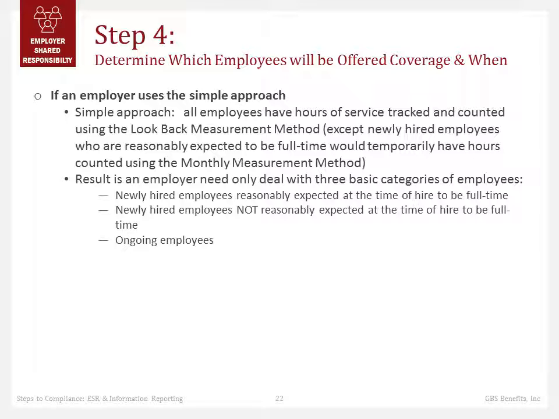So assuming this is your setup, this is your foundational measurement method policy, the result is that you as an employer will need to only deal with 3 basic categories of employees at any given time. You've got your newly hired employees, reasonably expected at the time of hire to be full-time. You've got your newly hired employees, not reasonably expected at the time of hire to be full-time. And you've got your ongoing employees.